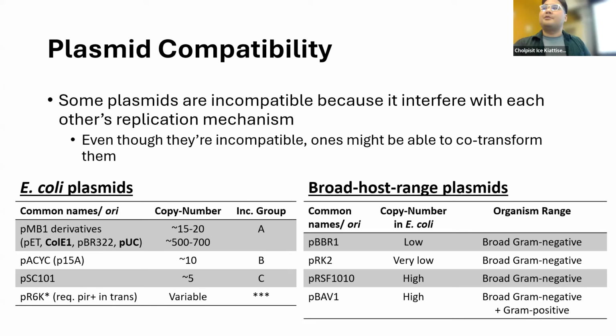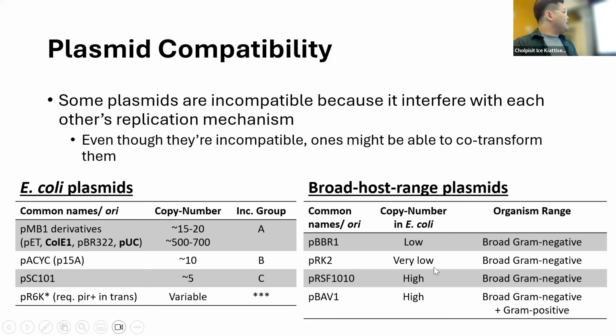And that would make it harder to make sure that those plasmids will remain as you programmed. But if you mix this plasmid group A with group B, which we call p15A, or with group C, which we call pSC101, they can be mixed and they can just stay independent of each other because they have different niches. They're using different kinds of tools and machineries to make sure that they can replicate in the bacterial cells.